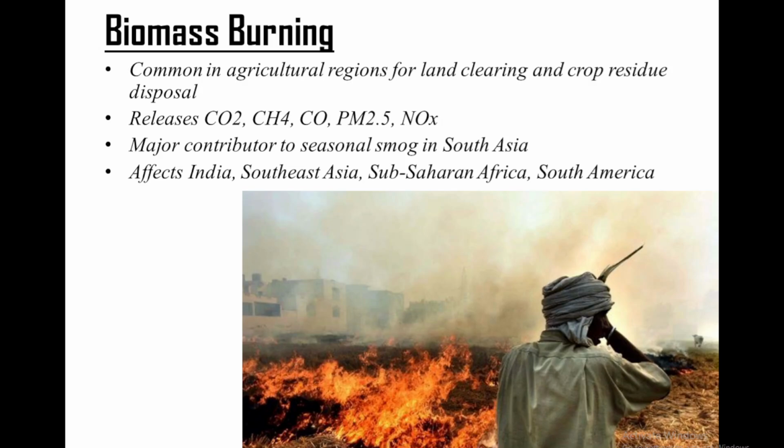These pollutants can travel long distances, because of which they severely degrade the air quality across the entire region. In countries like India, biomass burning peaks seasonally, especially during the post harvest period in northern states, and this is a concerning issue.